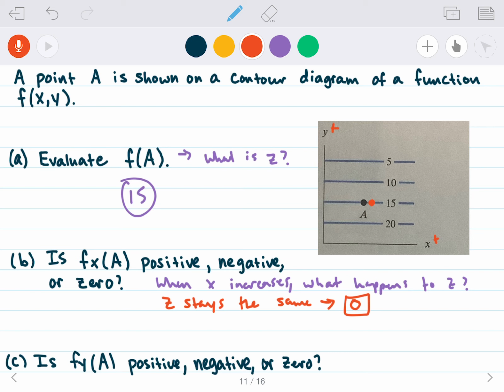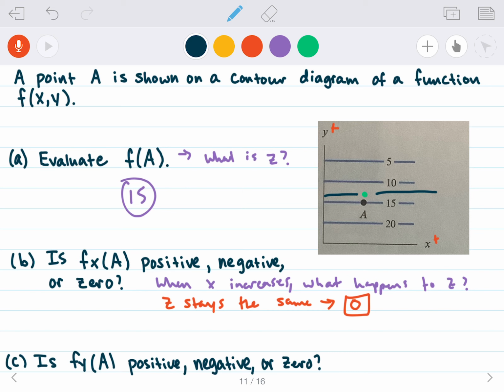What about in the y direction? The partial derivative with respect to y of a is positive, negative, or 0? Well, what happens if we start at A and go just a little bit up in the y direction? If we were to draw a contour line here, would that be bigger or smaller than 15?